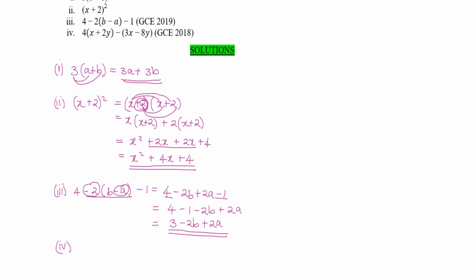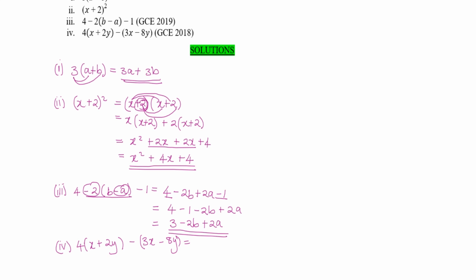The question is as follows: 4 open brackets x plus 2y close bracket minus 3x in brackets minus 8y in brackets. Okay, so this one will give us, first of all, we can open the brackets.